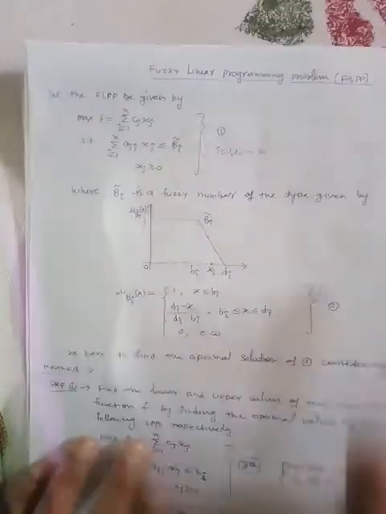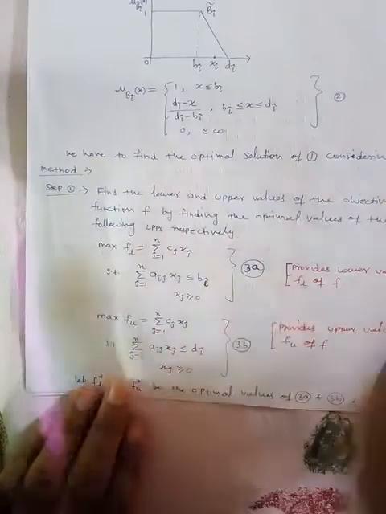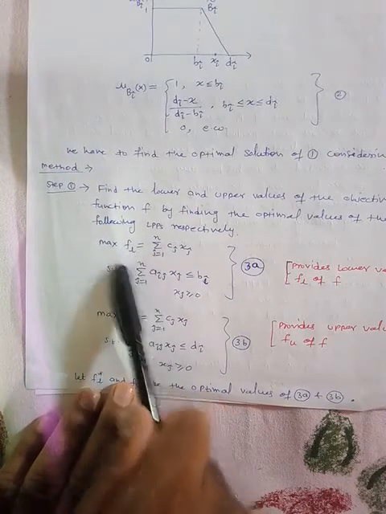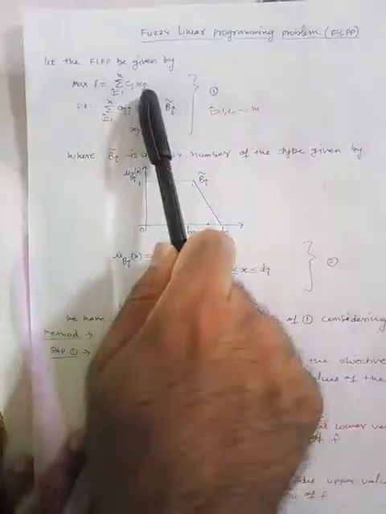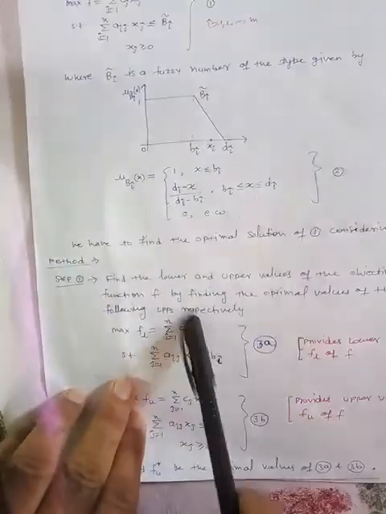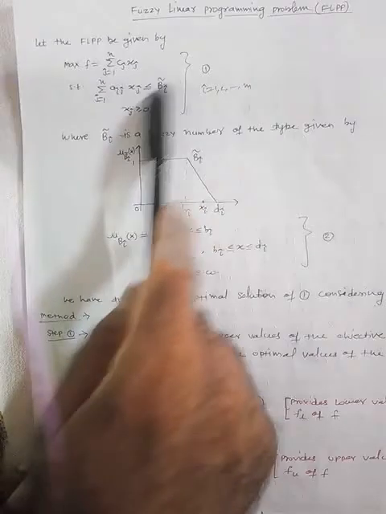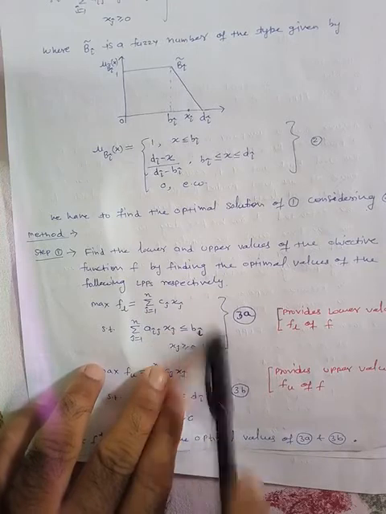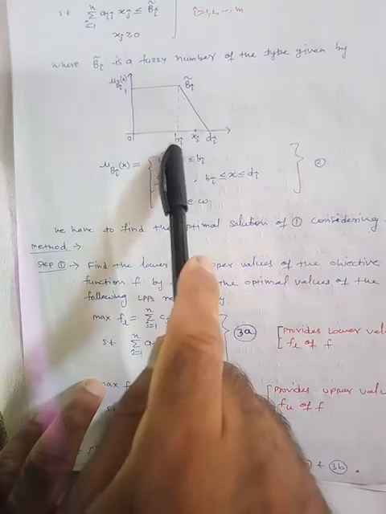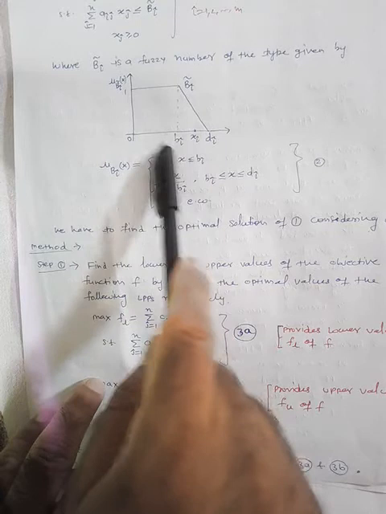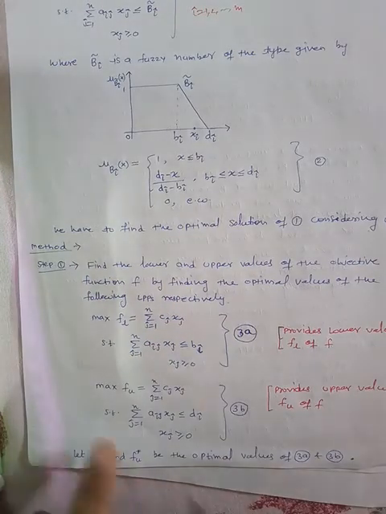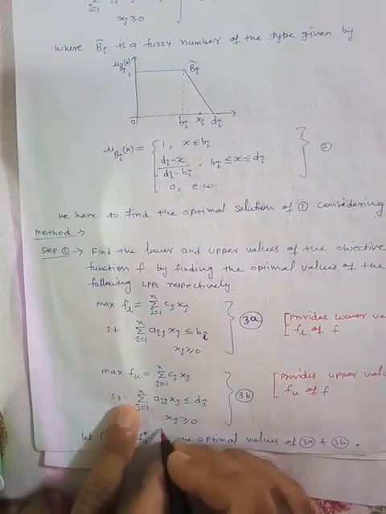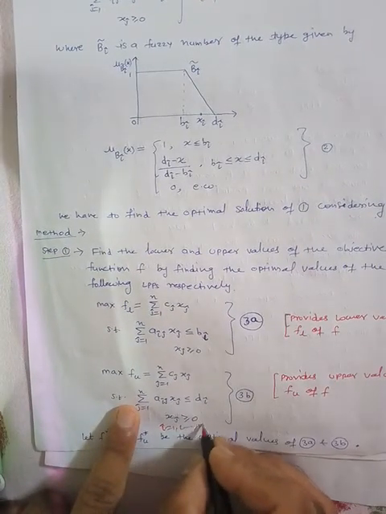So we will convert this problem into two problems. One is maximize f for the lower bound, FL, where the objective function is the same and the constraints are the same, except that in place of the fuzzy number bi we use this bi, the lower value, for each i from 1 to m.